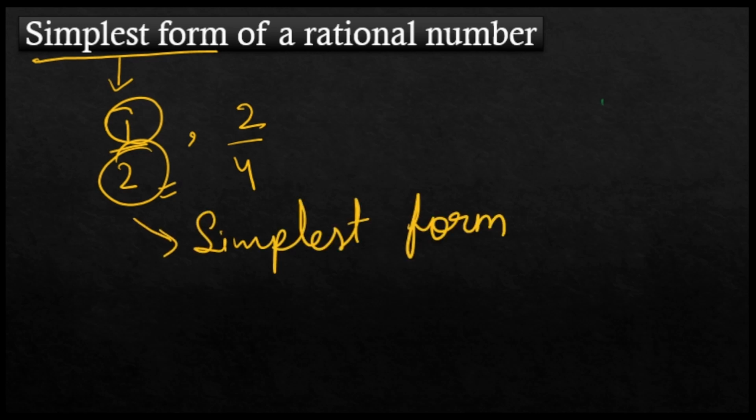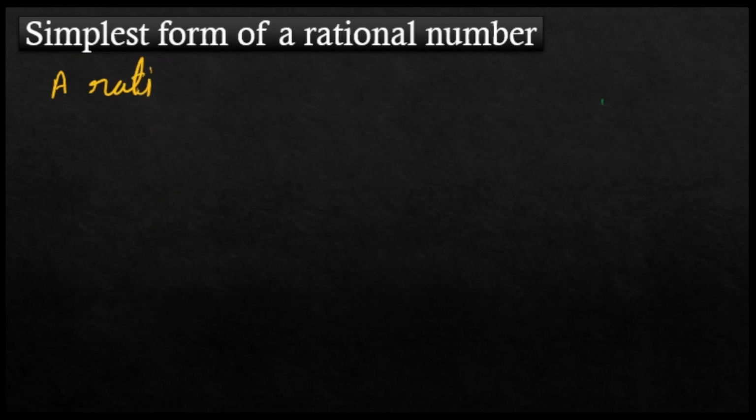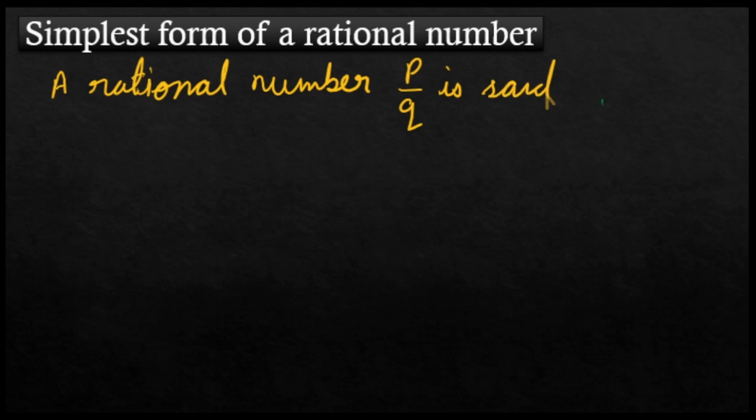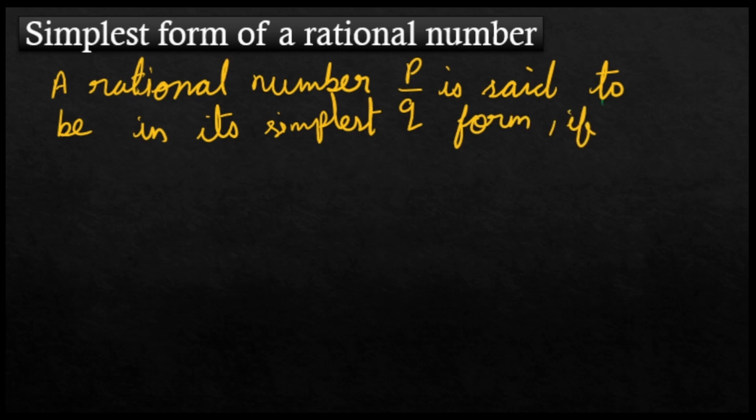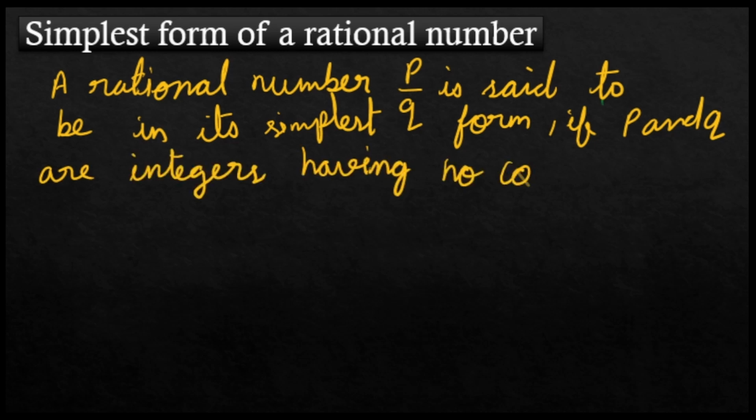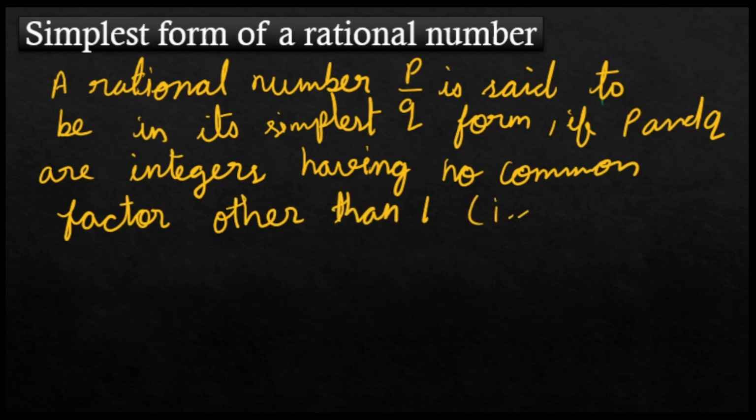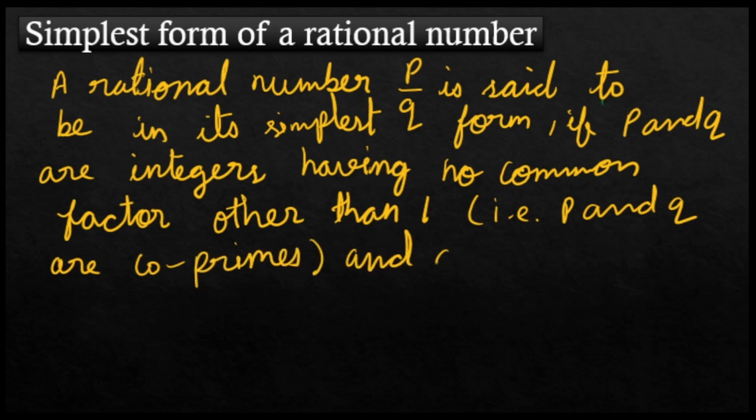Hence the definition: a rational number in the p by q form is said to be in its simplest form if p and q are integers having no common factor other than 1. That is, p and q are co-primes and q is not equal to 0.